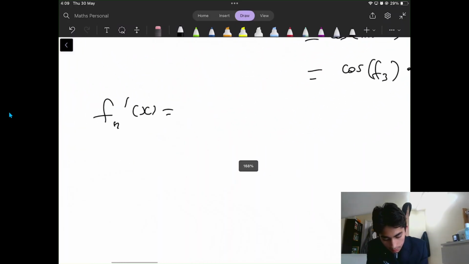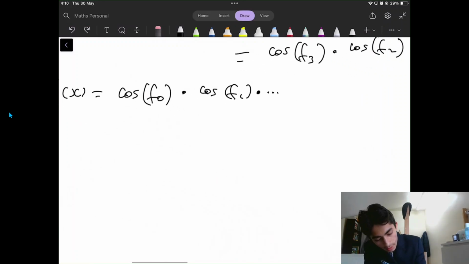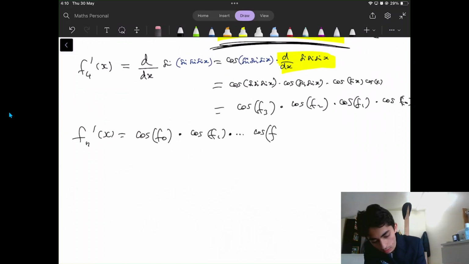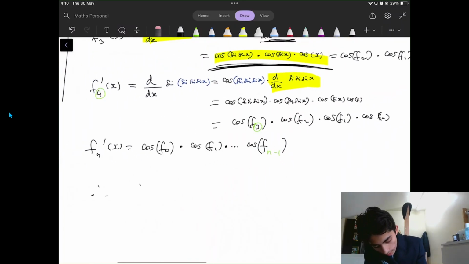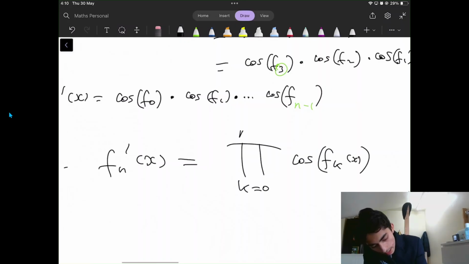And so therefore, the derivative of fn of x is just equal to cosine of f0 multiplied by cosine of f1 multiplied by cosine of f2 until you get to cosine of, is it fn or fn minus 1? We'll have to check. Well, the fourth iteration over here yielded f3, so fn minus 1, right? So therefore, we can write that the derivative of fn of x, in our case, is equal to the product of cosine of fk of x, as k starts from 0 and ends at n minus 1.